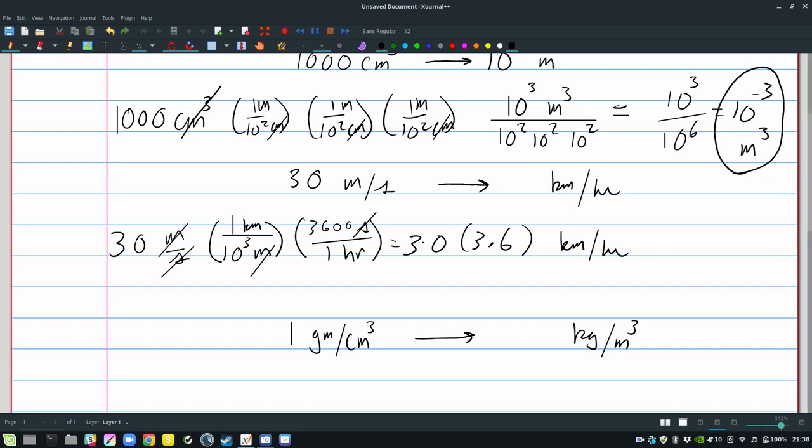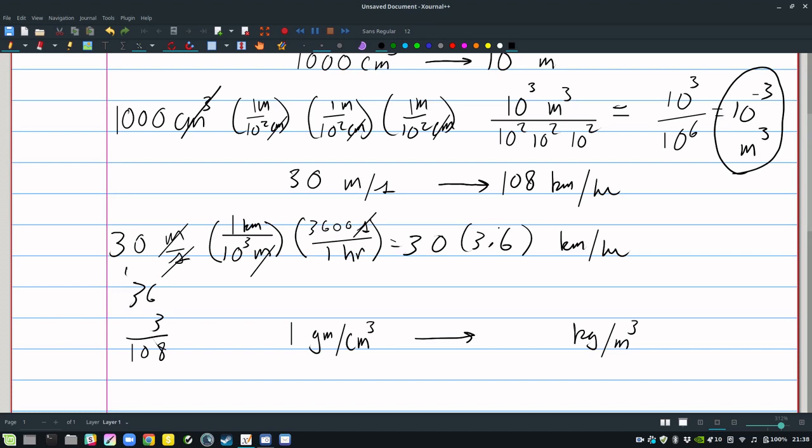And so what is 30 times 3.6? That's like saying 36 times 3. 3 times 6 is 18. 3 times 3 is 9, plus 1 is 10. So 108. 108 kilometers per hour.